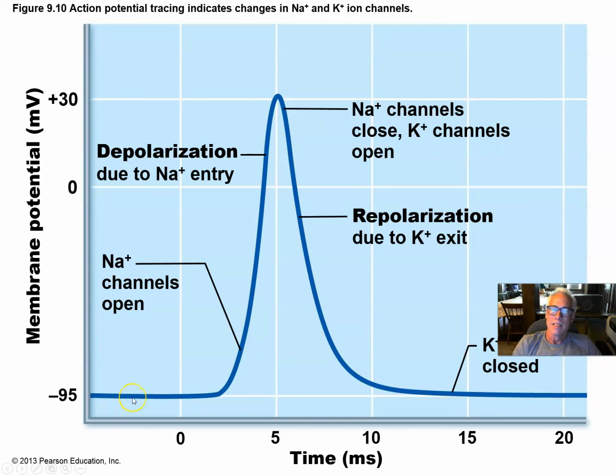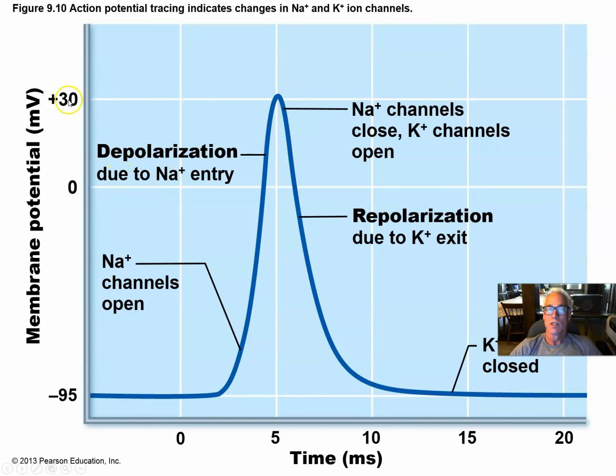And as the action potential spreads across the membrane, the wave of depolarization, and crosses the point where our voltmeter wires are, we would see an increase in the charge on the membrane, going from a negative resting potential at our voltmeter, and as the wave of depolarization sweeps by, we see the membrane getting more and more positive as sodium ions rush into the cell. That's called depolarization, as you know.